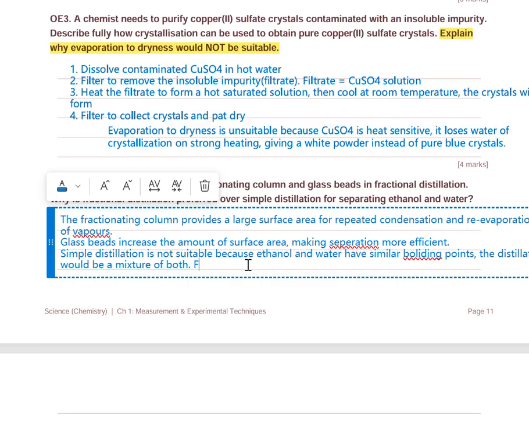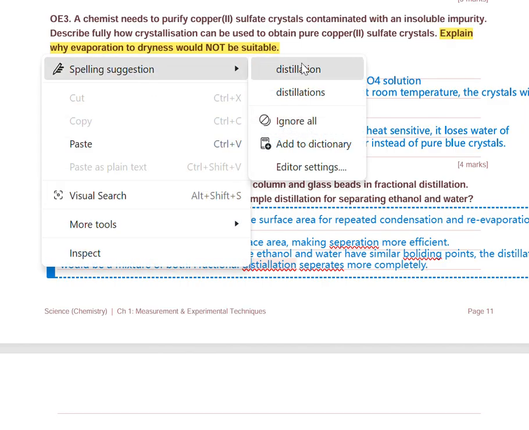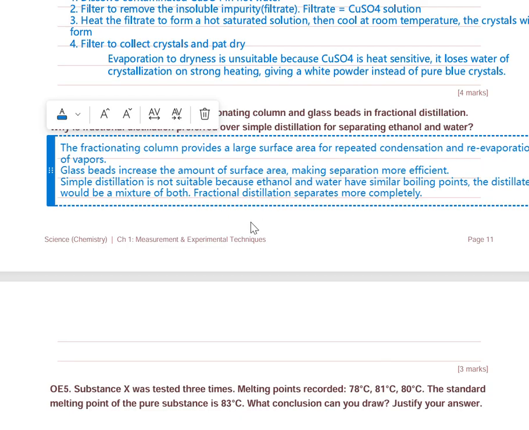So actually, fractional distillation separates them completely. Sorry, I just did some off-camera typing. Let's write this down first.